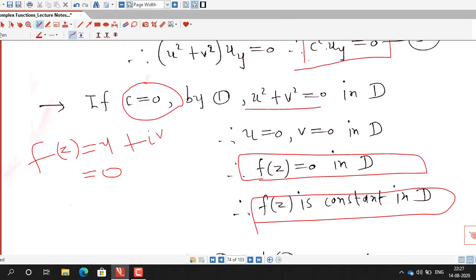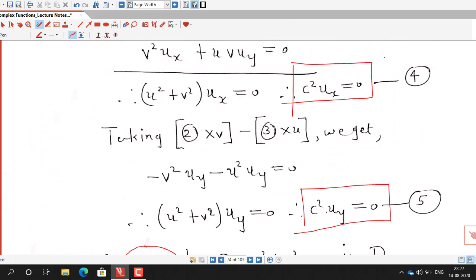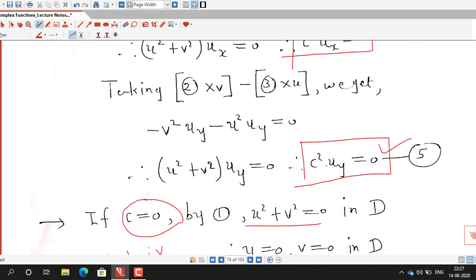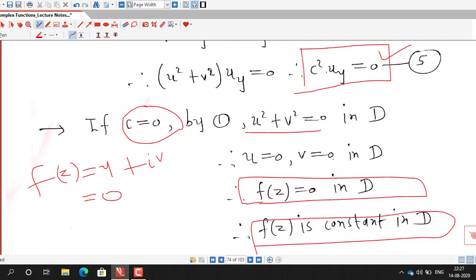Now suppose c is non-zero. Then from 4 and 5, c square is non-zero, and the multiplication of c square with del u by del x is 0, so we must have del u by del x equal to 0. Here also, since c square is non-zero, we must have del u by del y equal to 0.